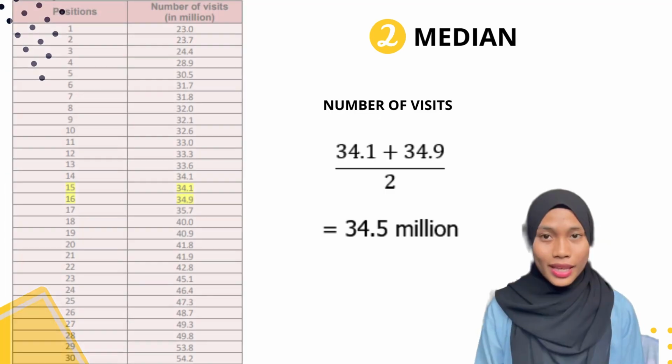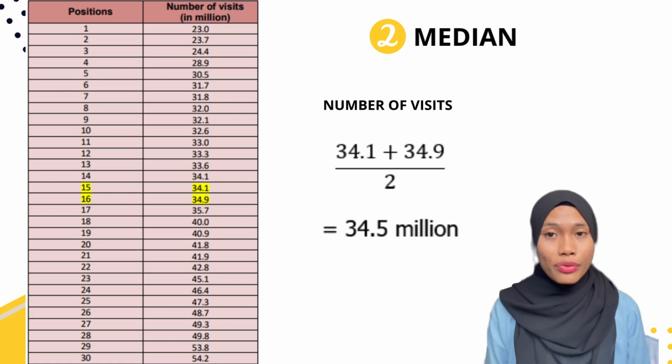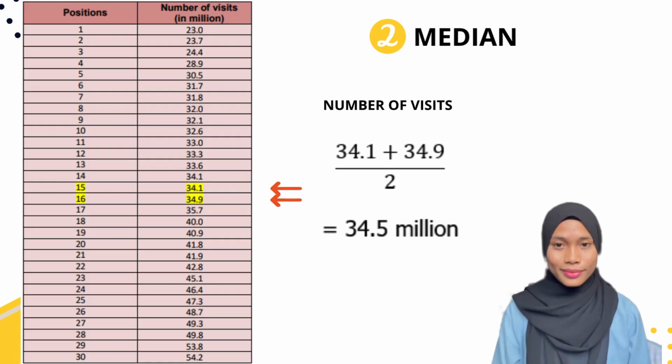Next, we need to find the median. To find the median of each data set, we need to arrange the number of visits and the number of purchase orders from lowest to highest. First, the number of observations for the number of visits is even. Then, we take the average of the middle values, which are position 15 and position 16.